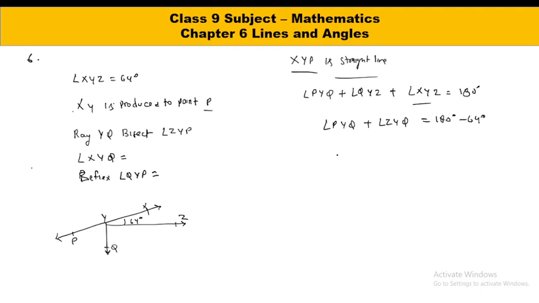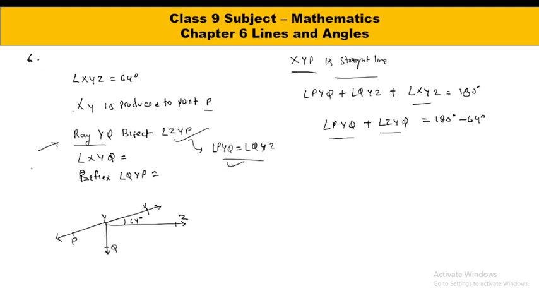So here angle PYQ and angle ZYQ both are equal, because in this question it is given that ray YQ bisects angle ZYP. If it bisects, it means that angle PYQ is equal to angle QYZ.